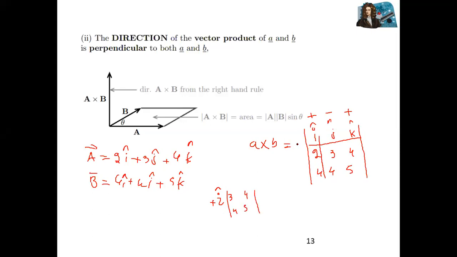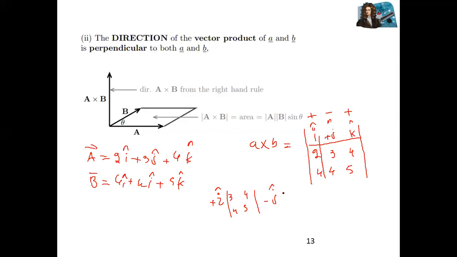Next we have the J vector, so take minus J. Always you need to write these symbols: first one plus, minus, then plus. But if you have a negative value, like I, J, K negative, then you need to multiply these symbols. In this case, J is plus but the symbol is minus, so minus.